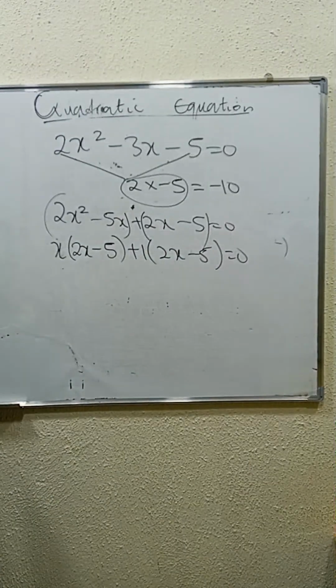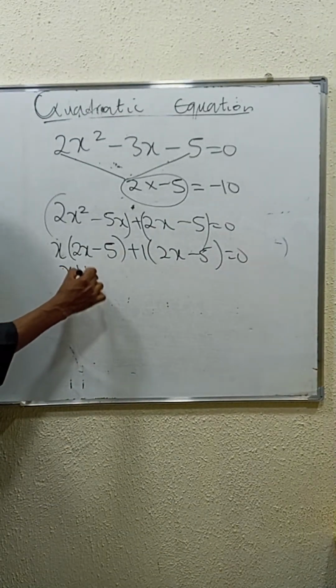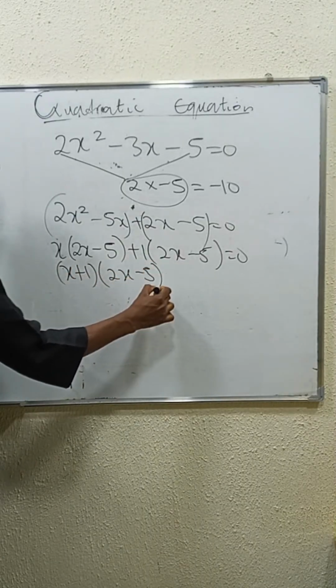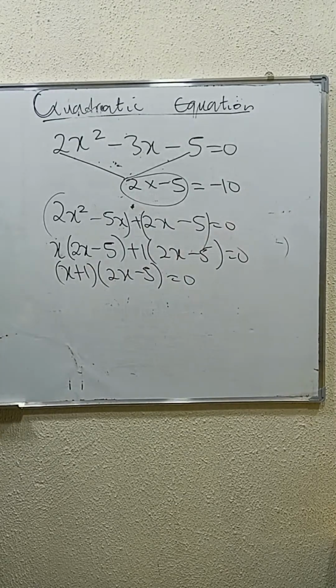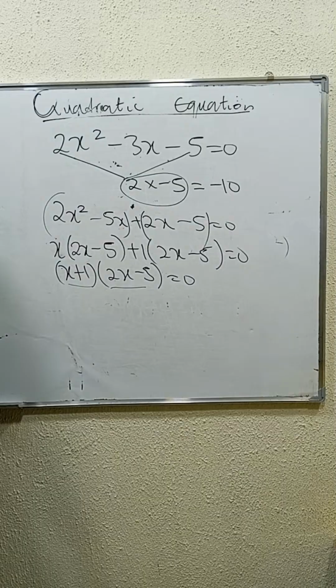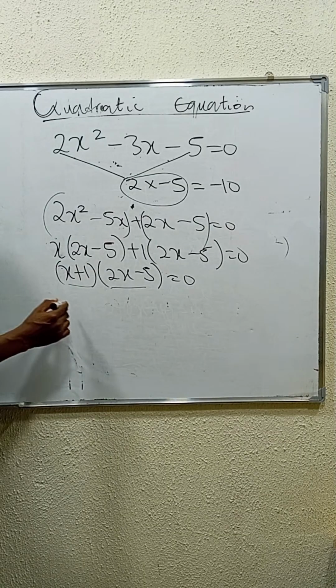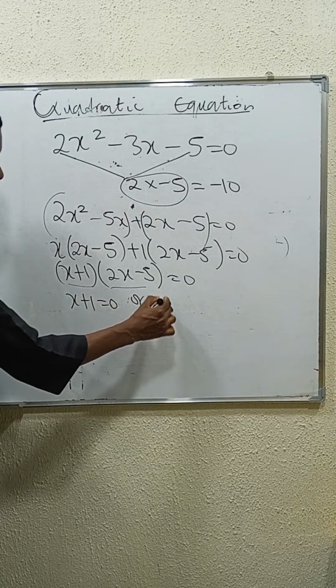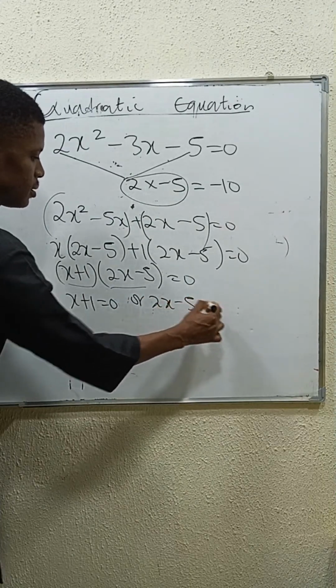So here you can now see that x plus 1 in a bracket times 2x minus 5 in a bracket is 0. In that case, when two things multiply to give 0, one of them is 0 or both are 0, meaning that x plus 1 is 0, or 2x minus 5 is 0.